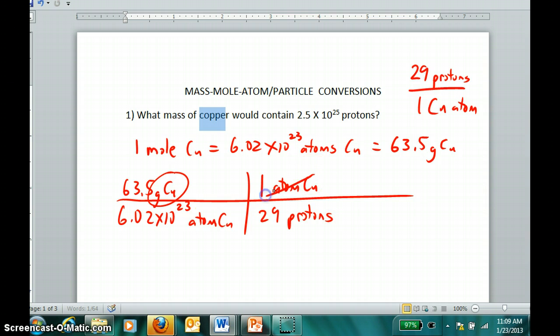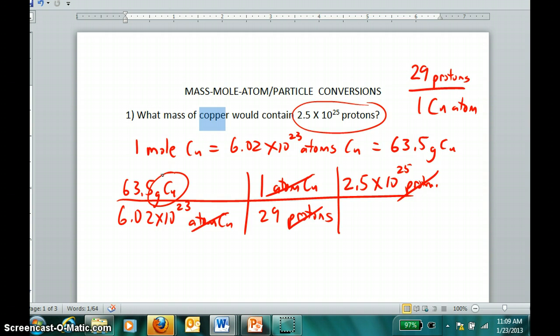And of course this cancels atoms of copper and substitutes protons, but since I was given protons in the question, I can now make the final cancellation. There are 2.5 times 10 to the 25th protons in the sample, and protons will cancel protons, leaving me with a mass in grams of copper.